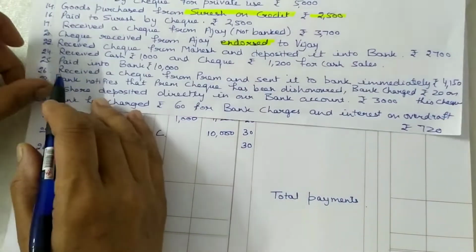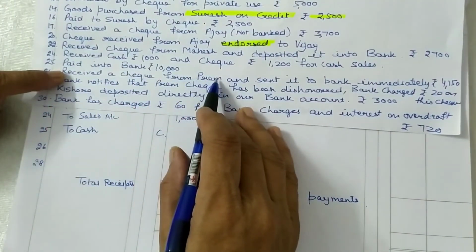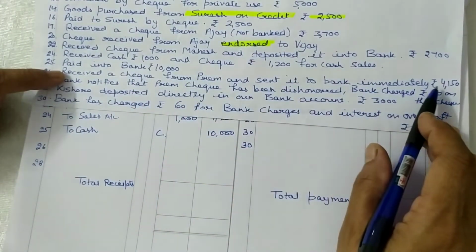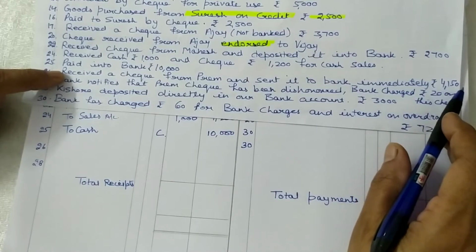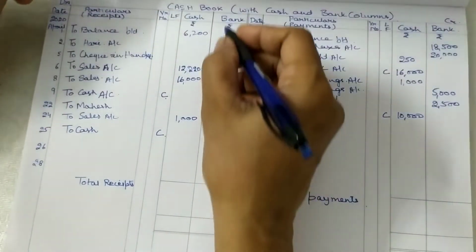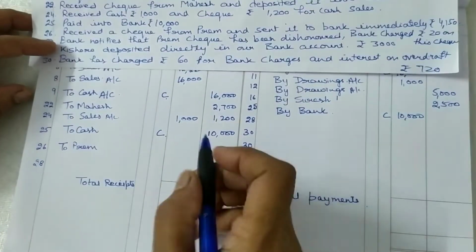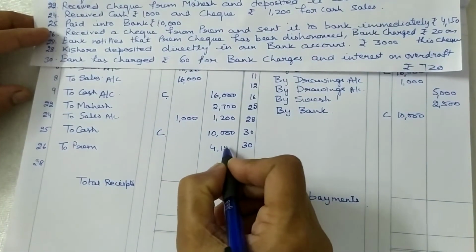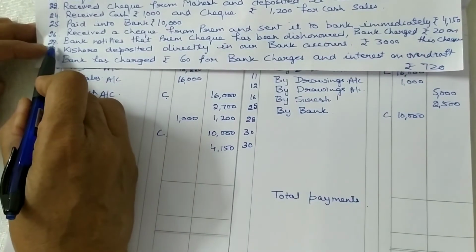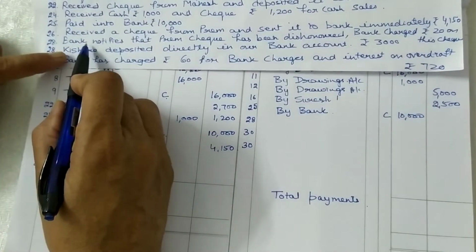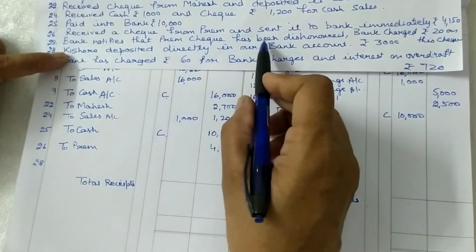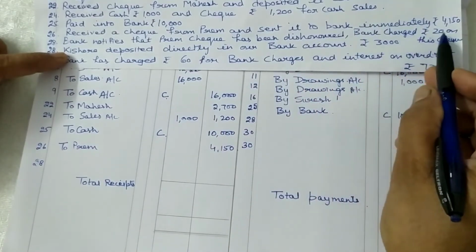On 26th date, received a check from Prem and sent it to bank immediately, rupees 4,150. The bank account debited to Prem 4,150. And on 28th, bank notifies that Prem's check has been dishonored and bank charged 20 on it.